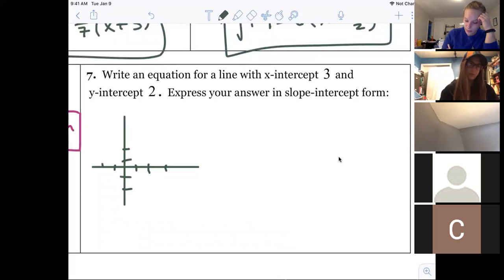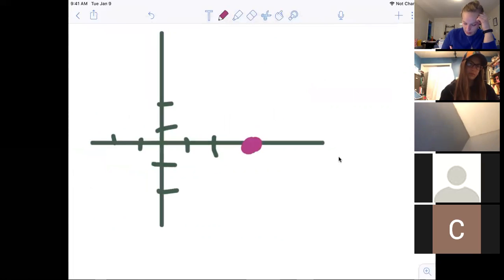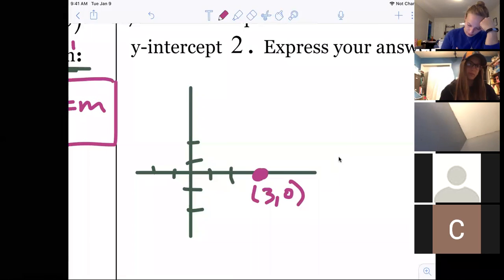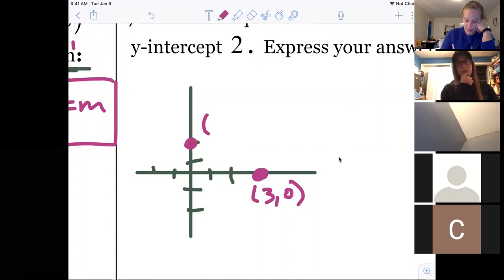If it's 3 on the x-axis, it's here. And that point is 3, 0. And if my y-intercept is at 2, that's there. And we know that that intercept is at the point 0, 2.